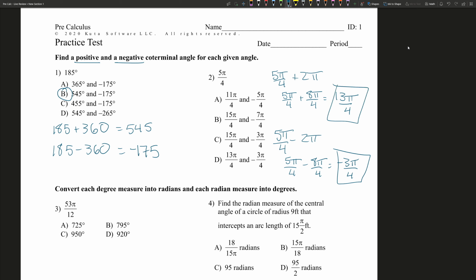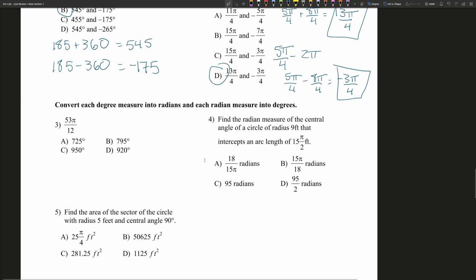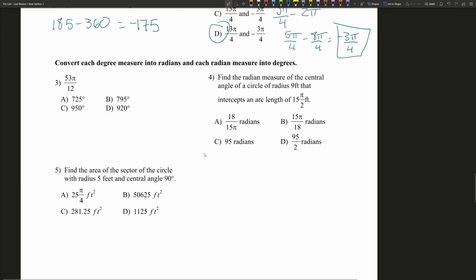So we get 13 pi over 4, negative 3 pi over 4, which is option D. Converting, so we have radians and we're converting to degrees, so 53 pi over 12 times 180 over pi. The pi's cancel. 53 times 180 is 9,540. We're dividing that by 12, which is 795.